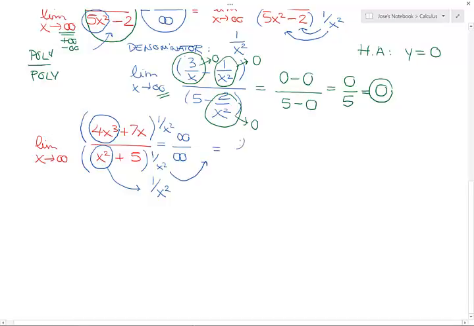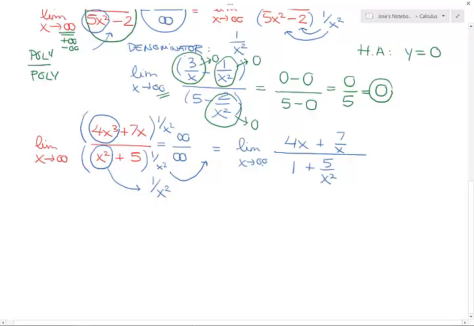I'm going to get the limit when x goes to infinity on the top, 4x cubed times 1 over x squared is 4x. 7x times 1 over x squared is 7 over x. On the bottom, x squared times 1 over x squared is 1. 5 times 1 over x squared is 5 over x squared.